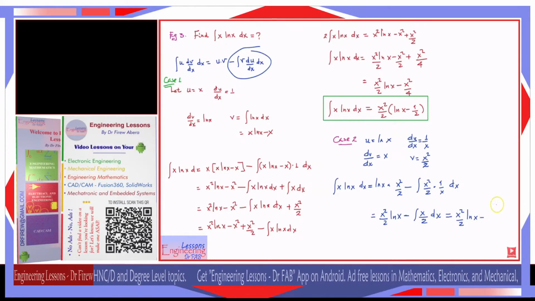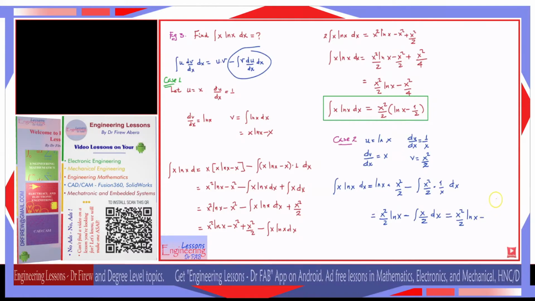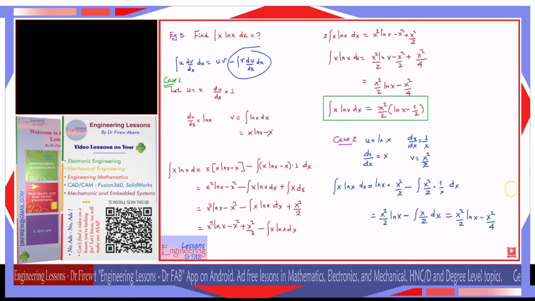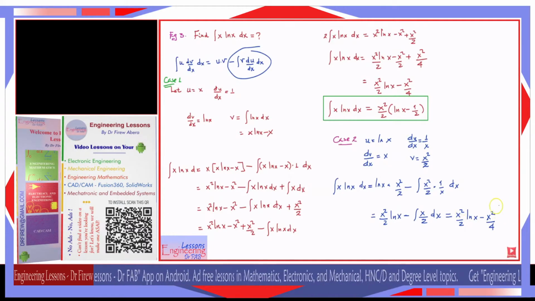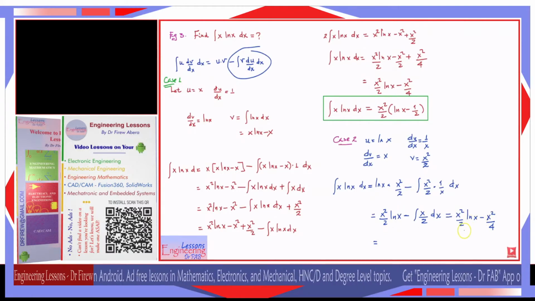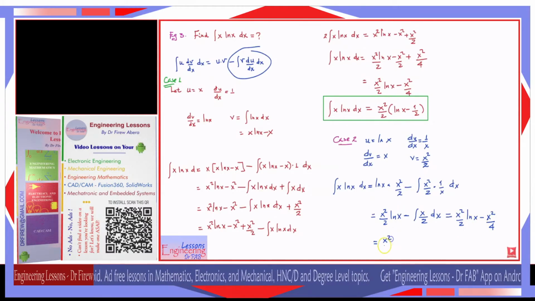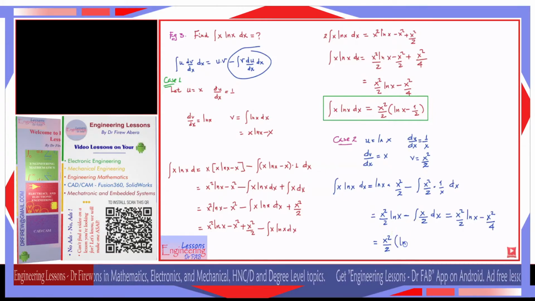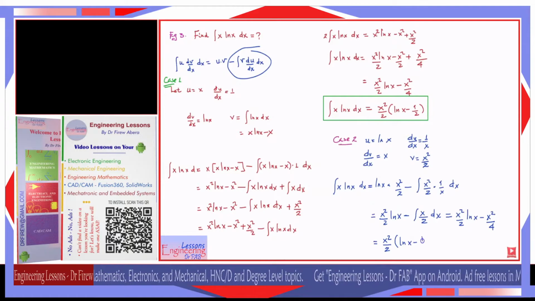So this is equal to x squared over 2 ln x minus, so the integral of x over 2 will be x squared over 4 plus constant, so we'll assume that to be 0. So this equals, if we take a common factor, x squared over 2 times ln x minus 1 over 2.